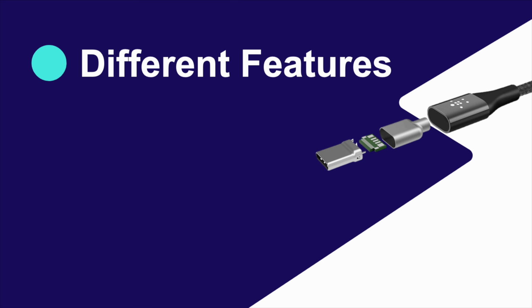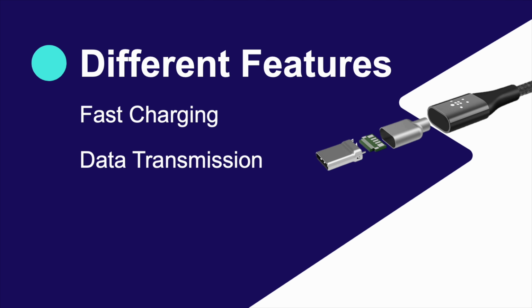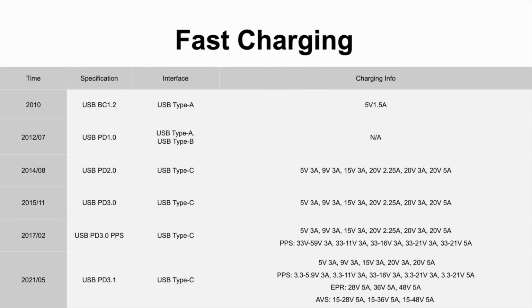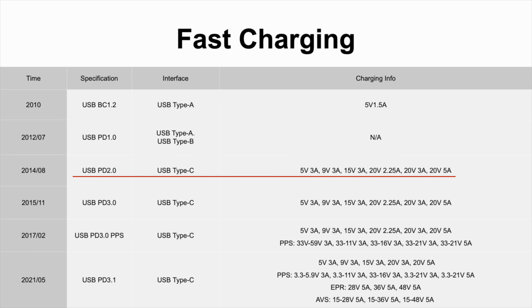After introducing different types of USB-C connectors, let's take a deeper look at what kind of features it can support. The first feature, of course, is fast charging. The most common fast charging protocol for now, the PD protocol, is based on the USB-C. The PD 2.0 is still very common in lots of game chargers we took apart, like Apple 20 watts.